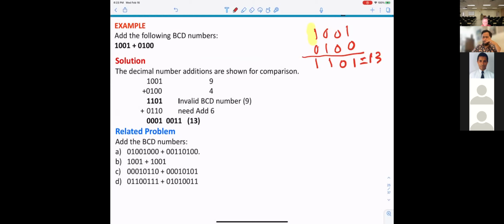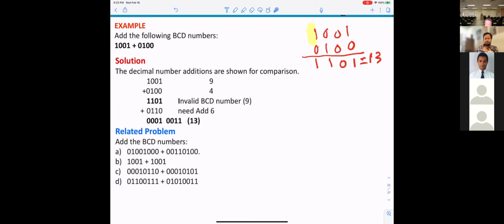Okay, so they tell you the way to solve the problem. When you get 1101, they say invalid BCD. In this case, you must add the number 6.